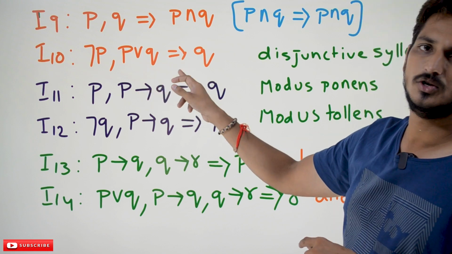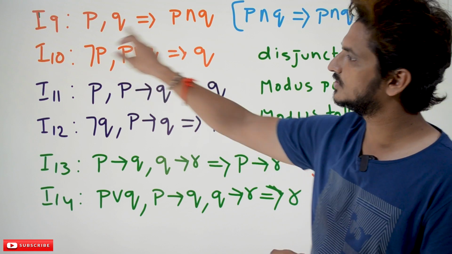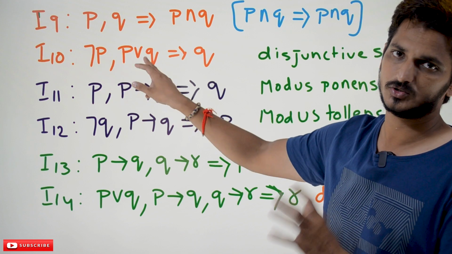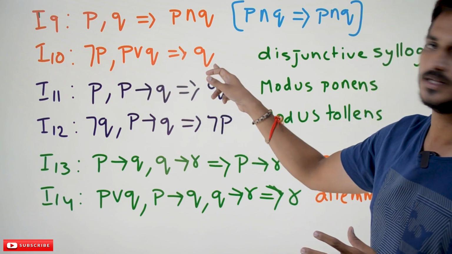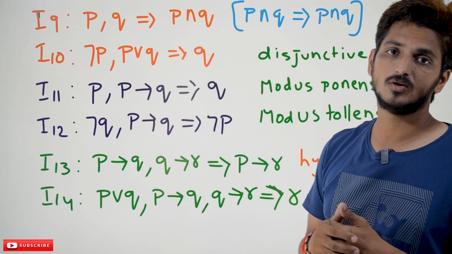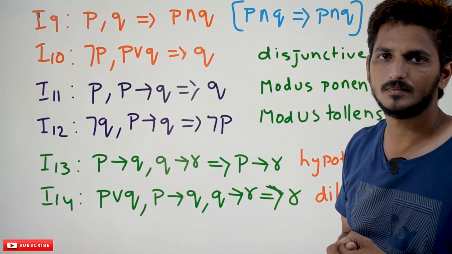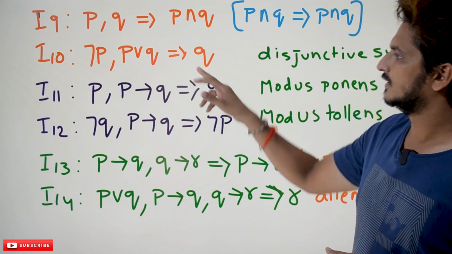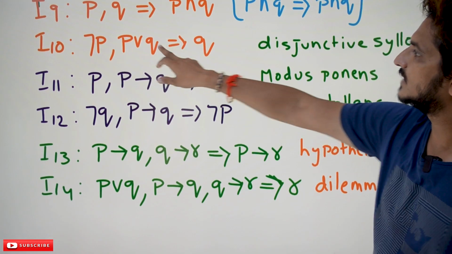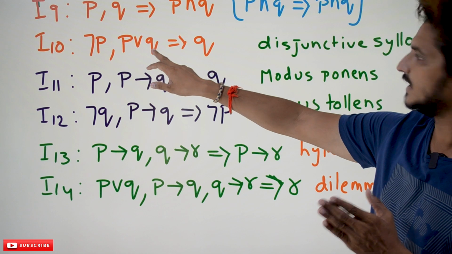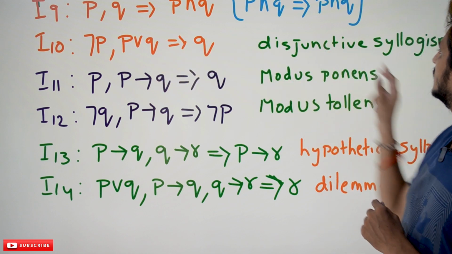P disjunction Q. If this entire proposition is true, then from this you can conclude that Q is also going to be a true value. Then they have provided a name for this 10th one. What's the name? It is disjunctive syllogism.